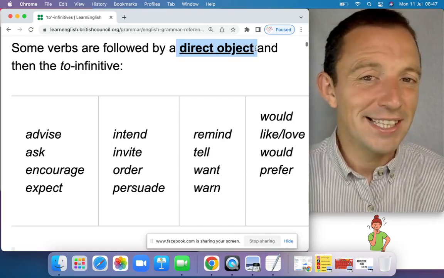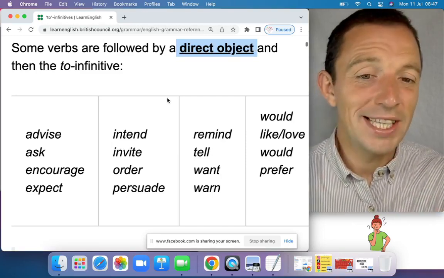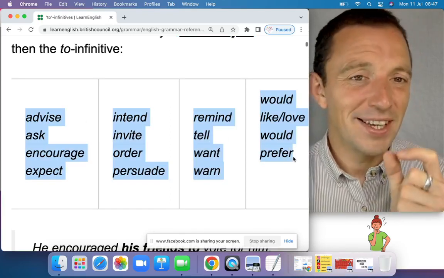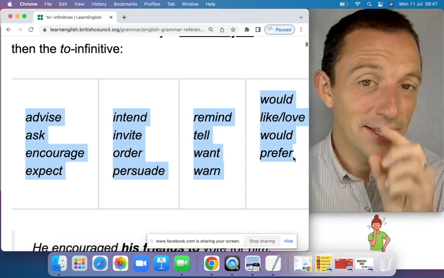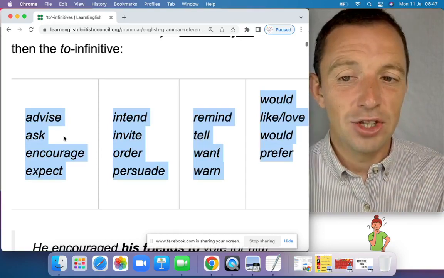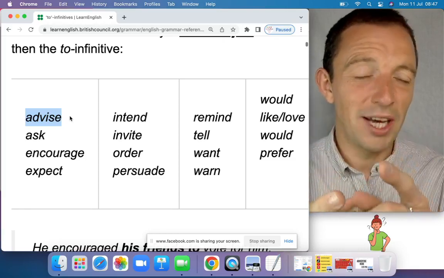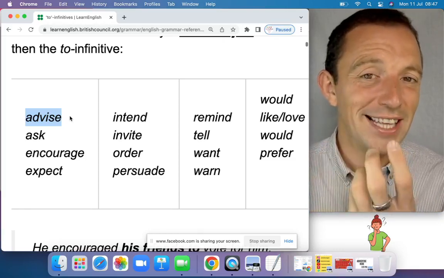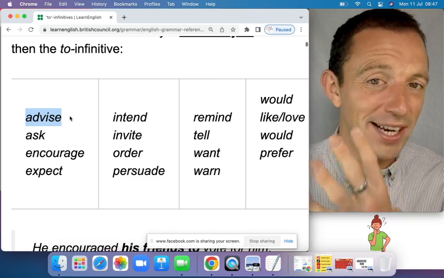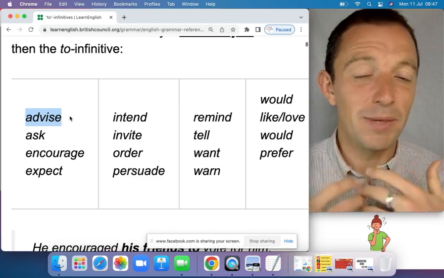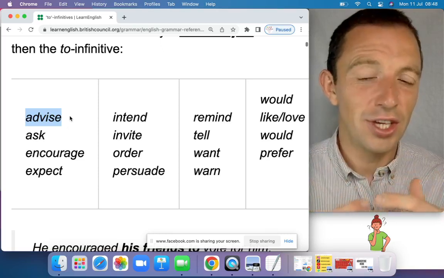Okay, let's look at this list. So these verbs generally require the direct object, indirect object, plus an infinitive. So advise, advise me, advise you, advise him, advise her. That's generally the indirect object here. And then the infinitive, advise me to go, advise me to make, advise me to change.